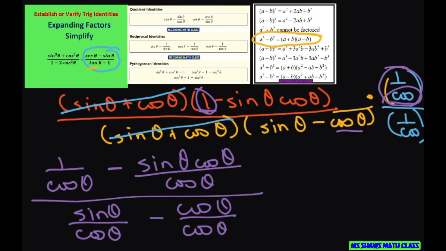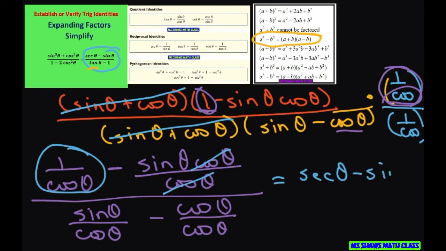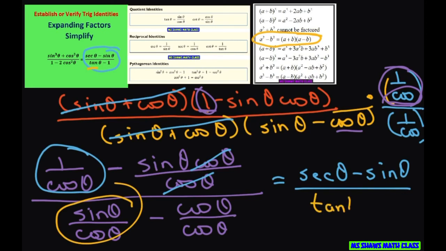All right. So when you take care of this, this is secant theta. Cosine divided by cosine is 1, so you have minus sine of theta. And in the denominator, this is tan of theta minus 1. And that's what you get.